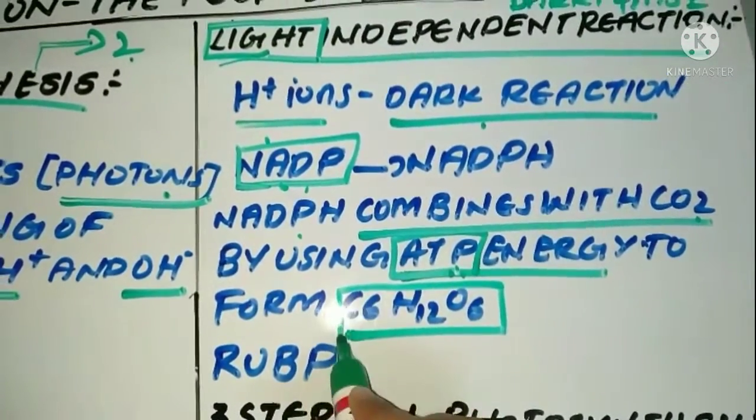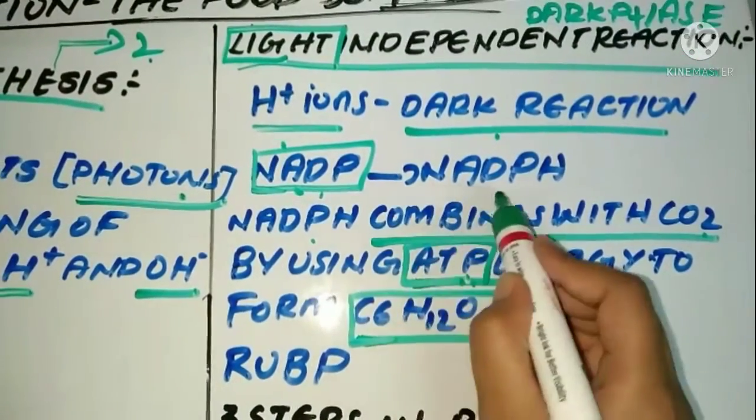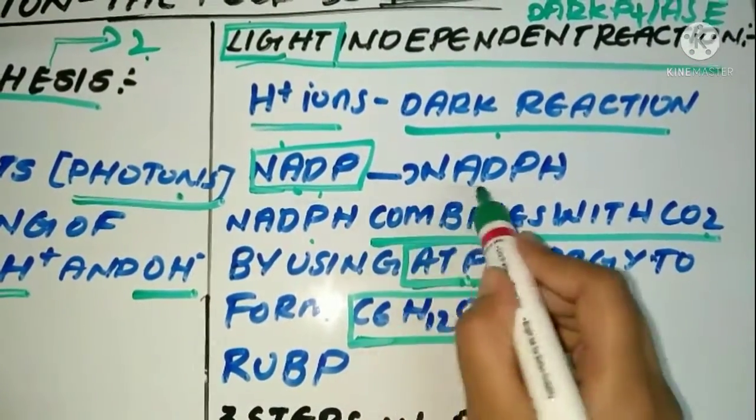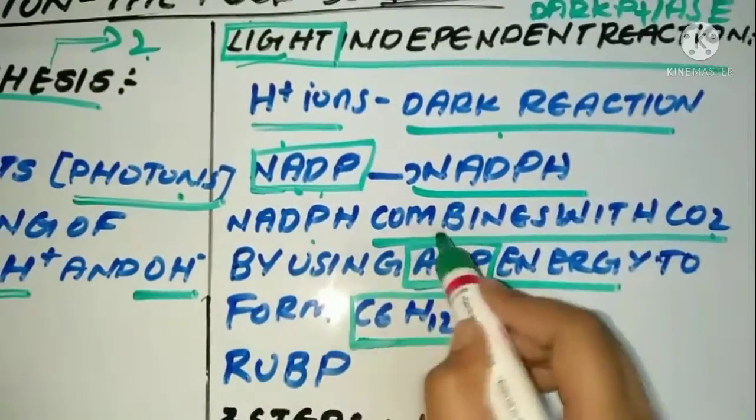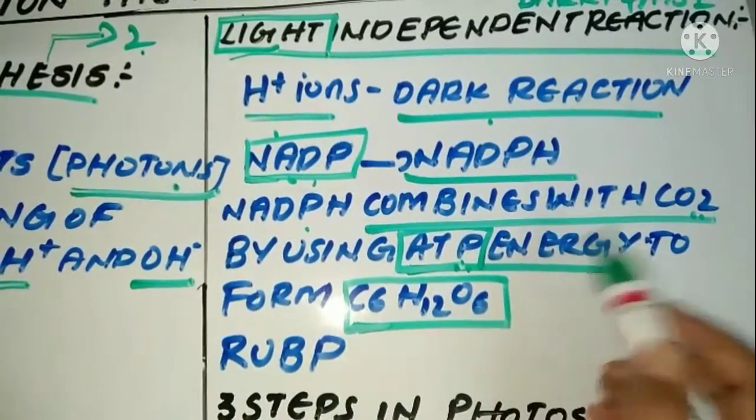C6H12O6. That means the two end products of light reaction are ATP and NADPH. NADPH combines with CO2 by using ATP energy to form C6H12O6, that is glucose.